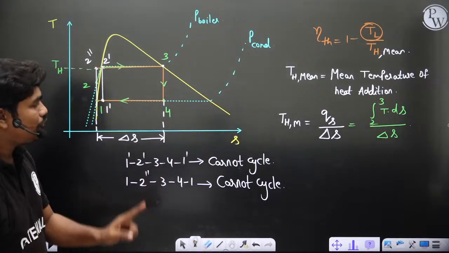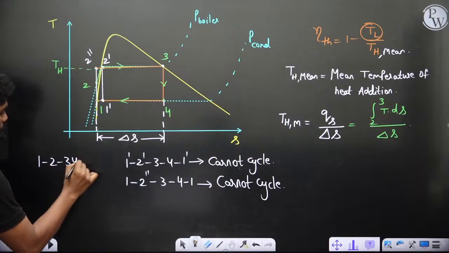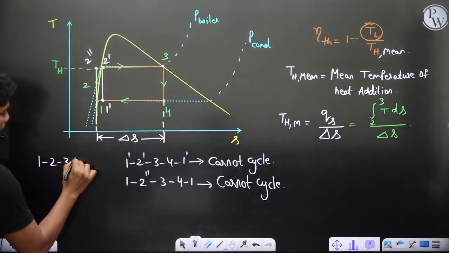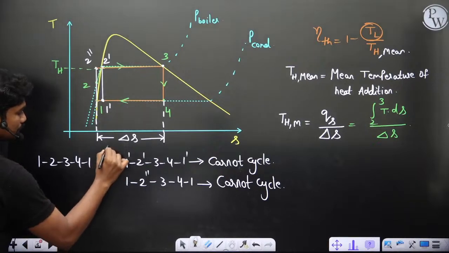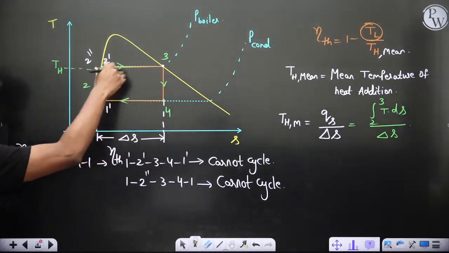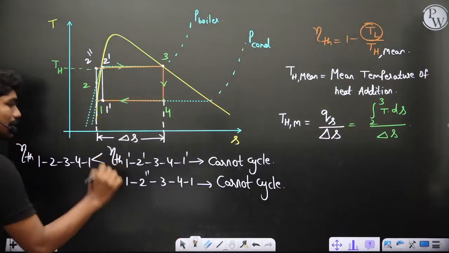So definitely if you compare these two efficiencies with this efficiency, 3 4 1. Now if you compare thermal efficiencies here and here, of course these two are equal because both are isothermals between same temperature. Clearly you know one thing, definitely this is going to be less, correct?